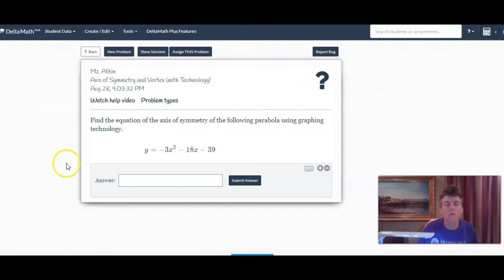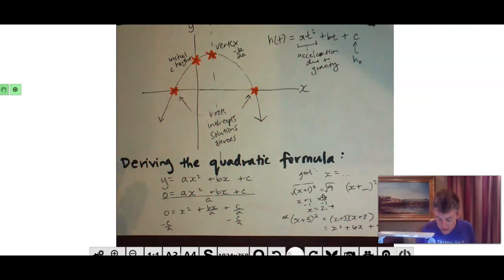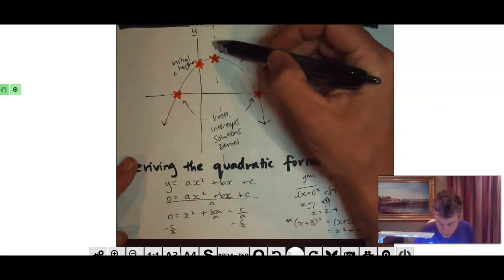We might also want to say, what's the axis of symmetry? Axis of symmetry means where the parabola is symmetric. Well, that's the part where it goes through the vertex.